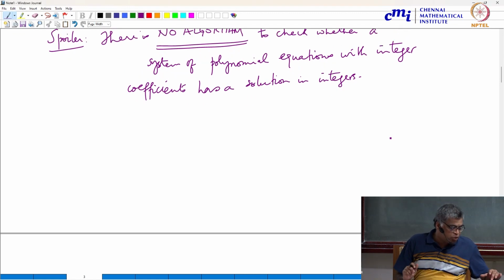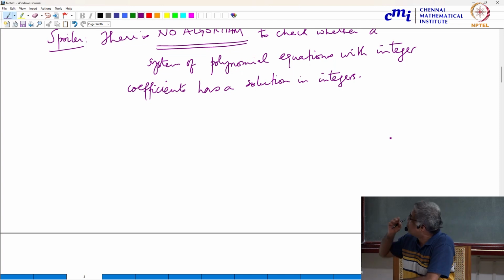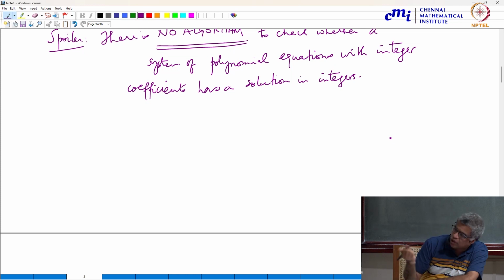So this is what we will show in this lecture. First thing, we can restrict ourselves to algorithms that check for non-negative solutions. Why? In the previous class, Prajakta talked about reductions, etc. So let's just illustrate one reduction here.